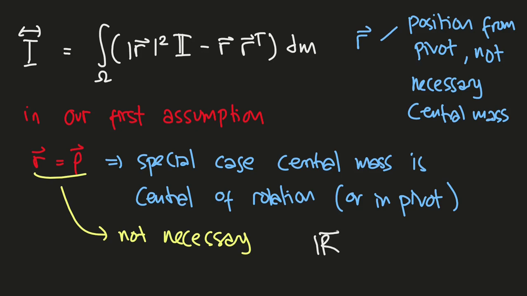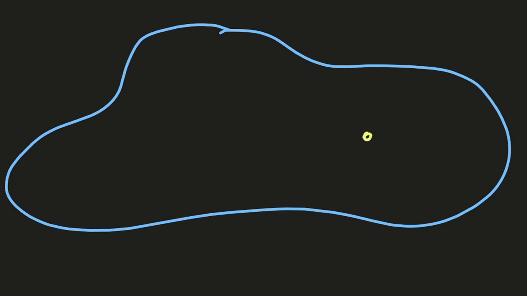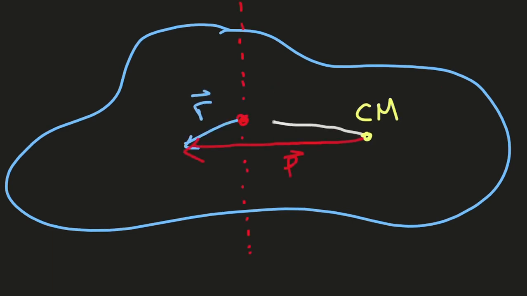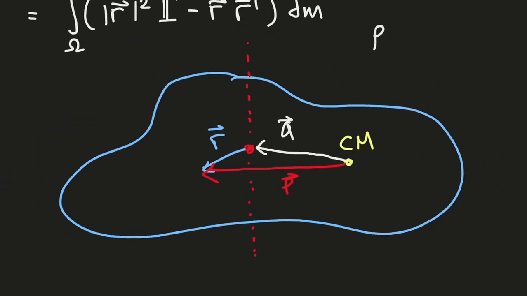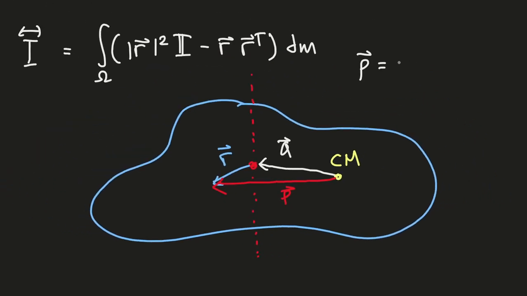And by using the characteristic that the magnitude between capital R and the R vector is constant in time, in this illustration where the central mass is not the center of rotation but has a distance as a vector, we define a new characteristic, the rho vector.